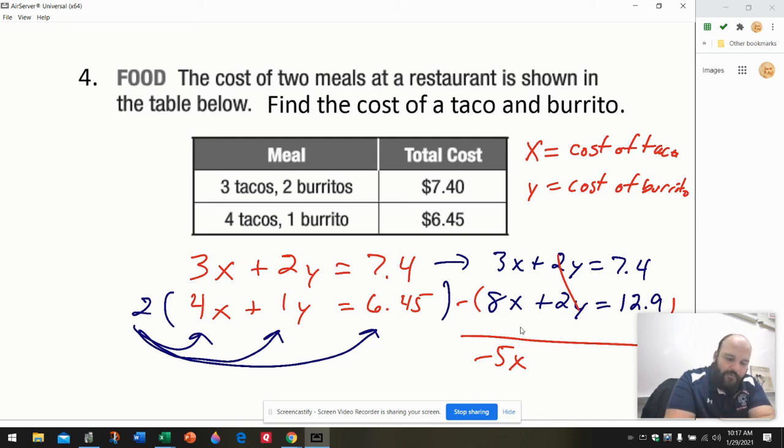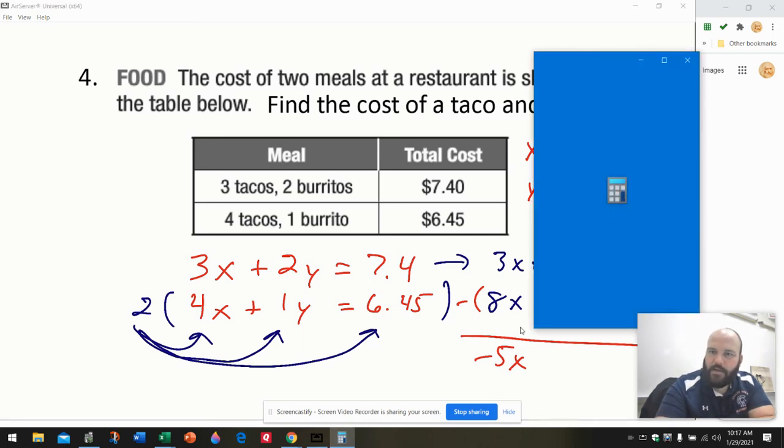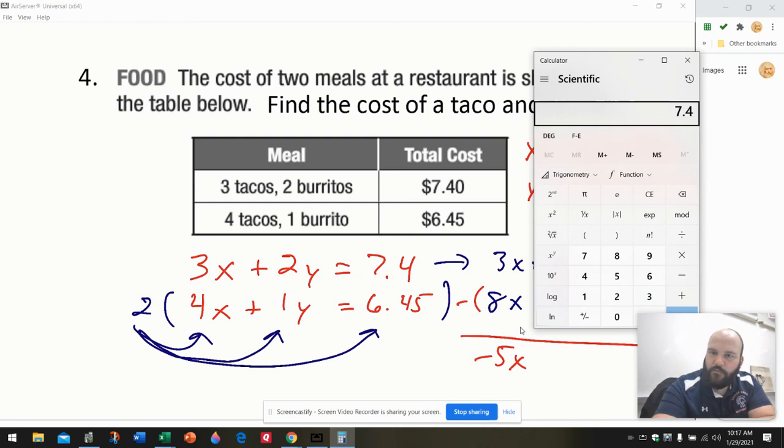And then I have 7.4 minus 12.9. And I'm going to do that on a calculator. 7.4 minus 12.9. And I get negative 5.5.